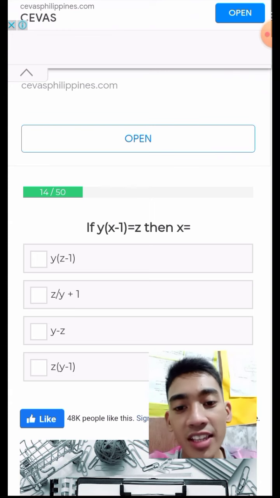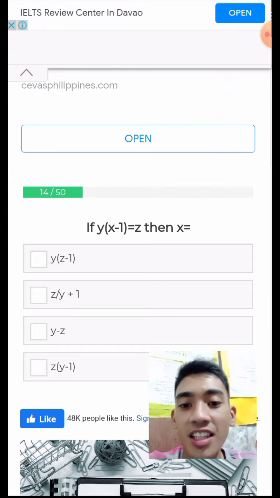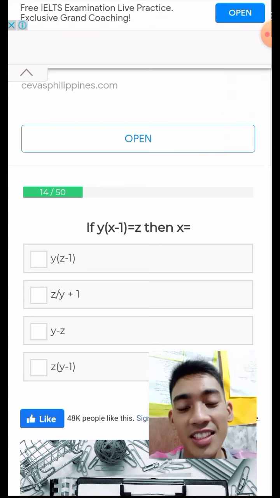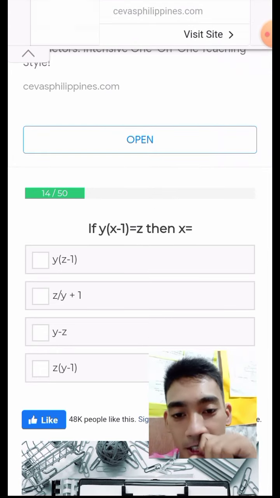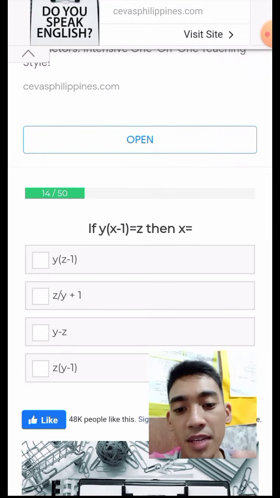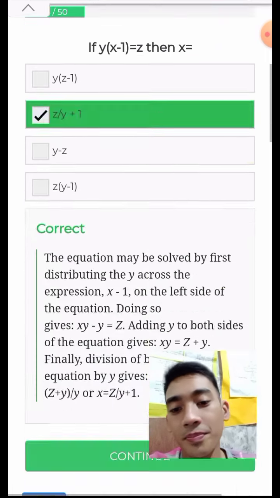Dividing both sides by y leaves x minus 1 equals z all over y. Then transpose negative 1 to the other side together with z all over y, so it becomes x equals z all over y plus 1, because the negative 1 transposed to the other side becomes positive 1. So therefore, z all over y plus 1.